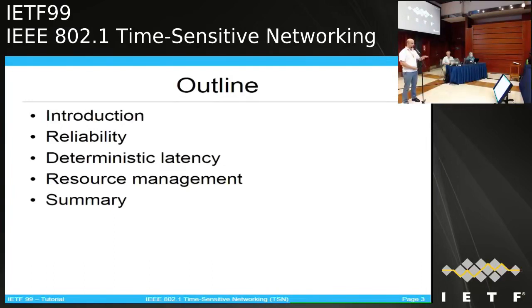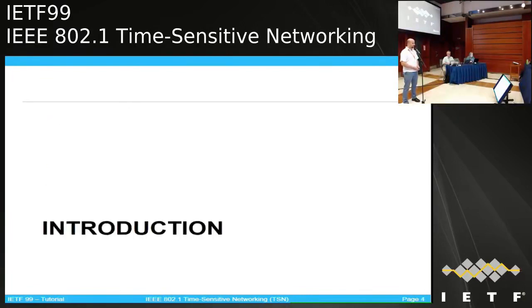And after the summary and questions and answers, we have a brief demonstration of the reliability feature recently published, or almost published, in IEEE, which is also one of the major work items in the DetNet data plane on how to provide this reliability. So this proof of concept includes both. So let's get started.